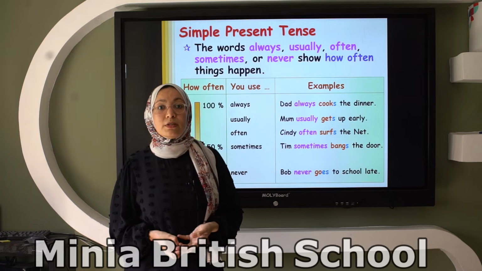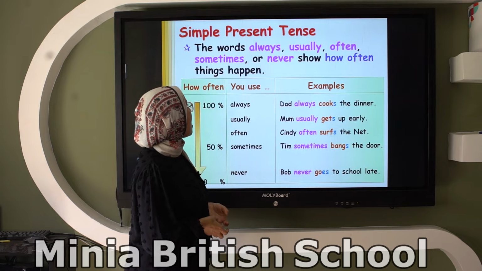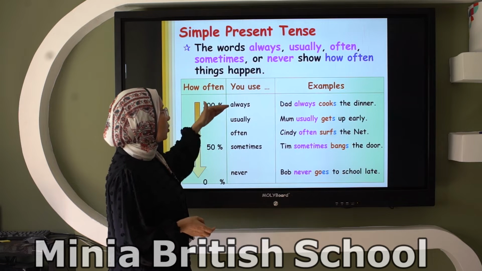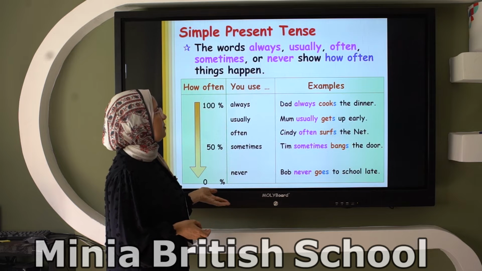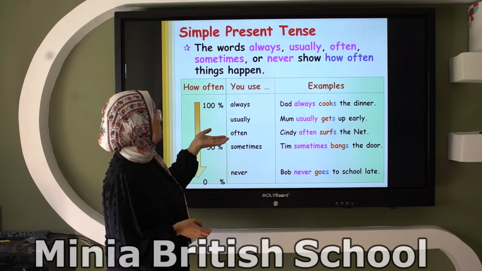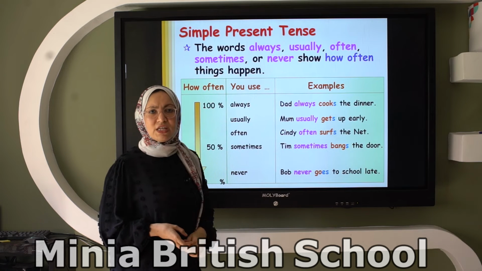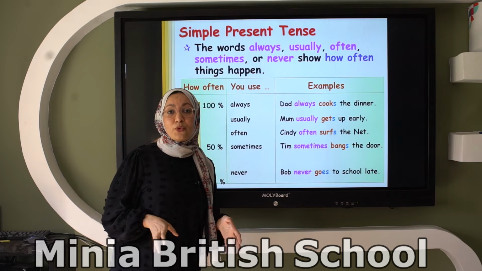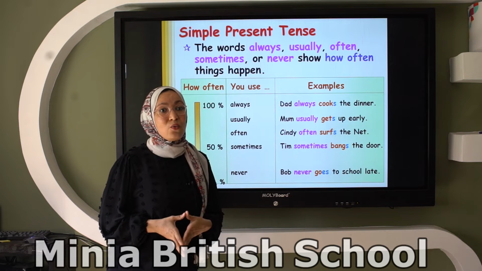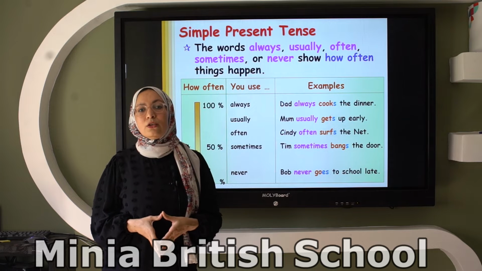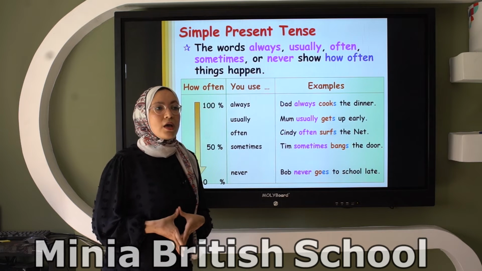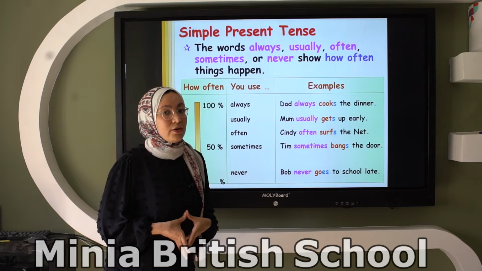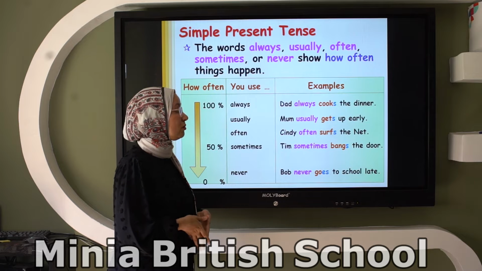Let's take some examples to clarify this. Here we have always, usually, often, sometimes, never. So what is the use of these adverbs of frequency? As we said, we use them to express how often you do this action, or if you have a routine or a habit in your life.